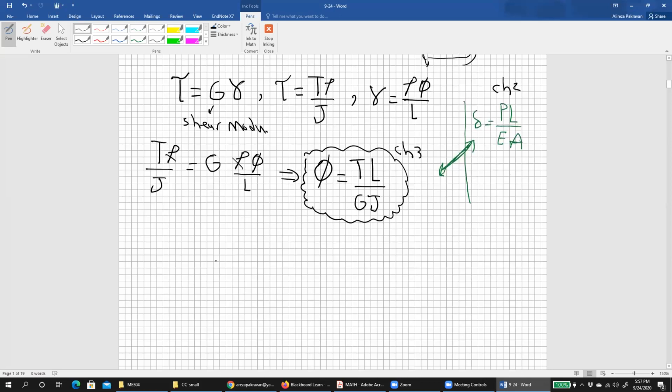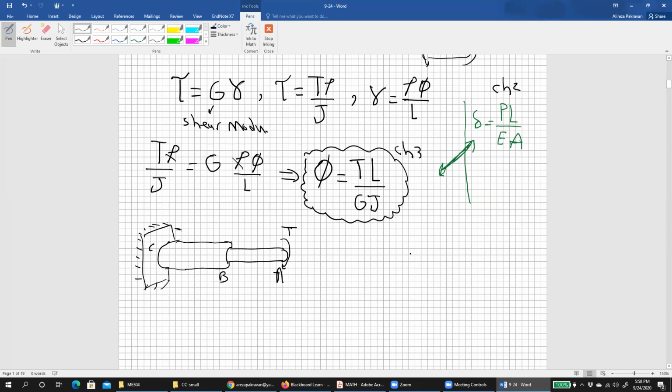Let's assume we have this shaft, and I'm drawing the raw figure again. For example, C, B, A are under this torque.